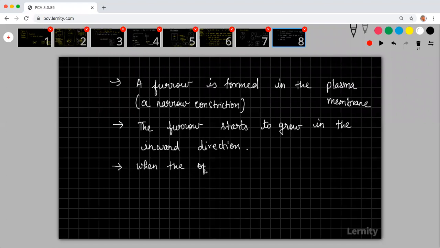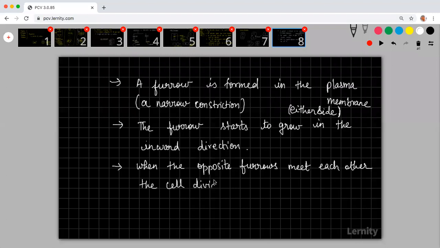When the opposite furrows meet each other, the cell divides.